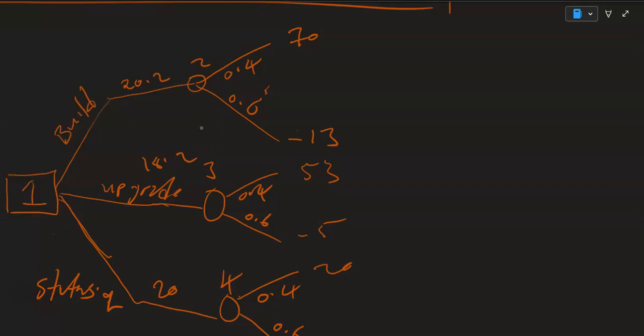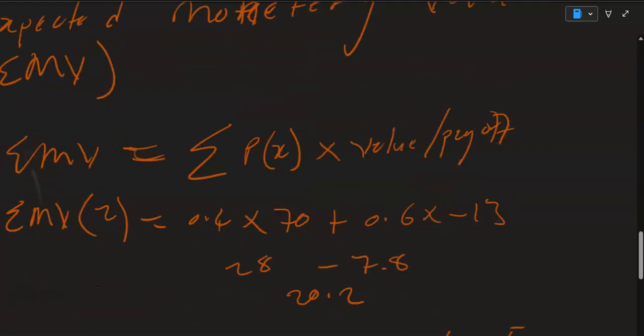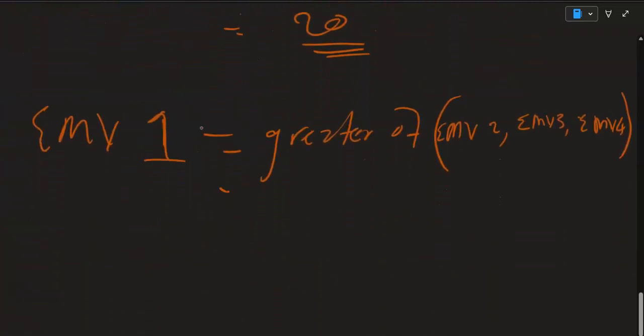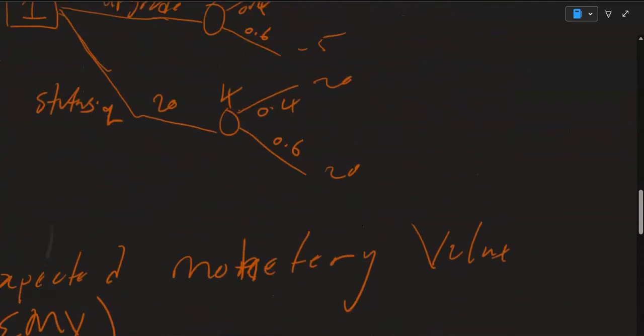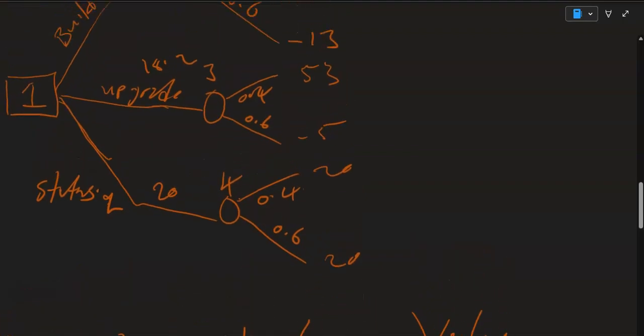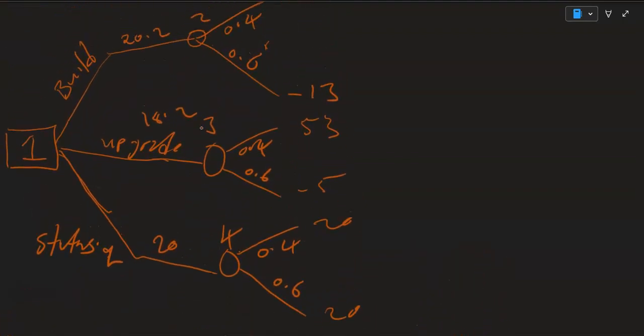So the greater of the three is 20.2. So therefore the value of EMV1 is equal to 20.2, which is 20,200 if we are to bring back the zeros. So here, the value that will come here will be 20.2 because it is the greater of those.